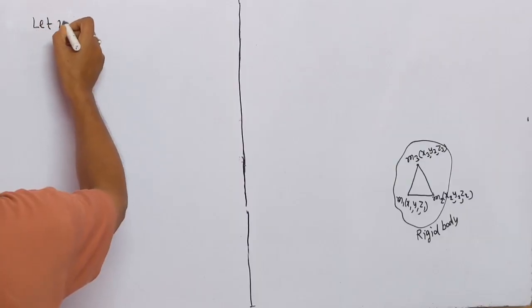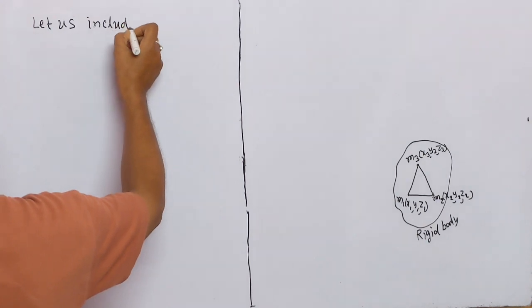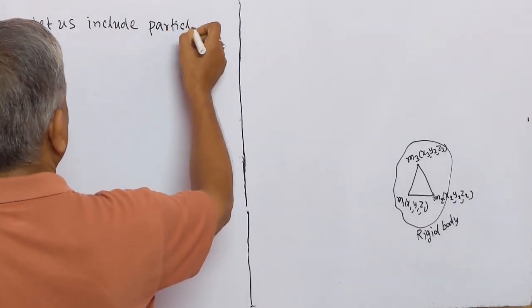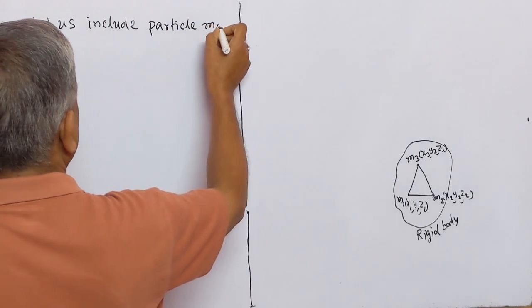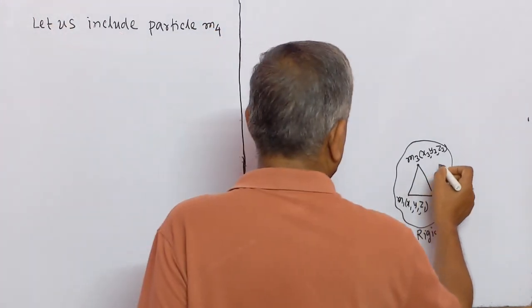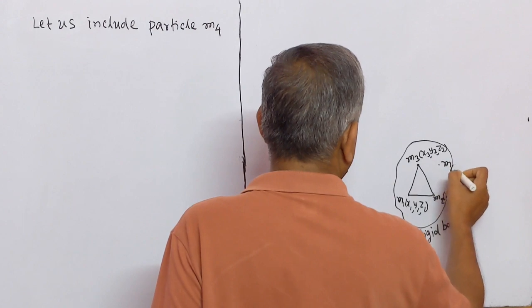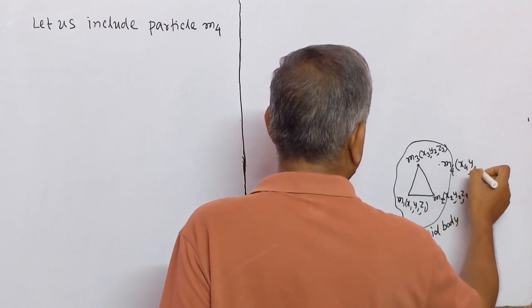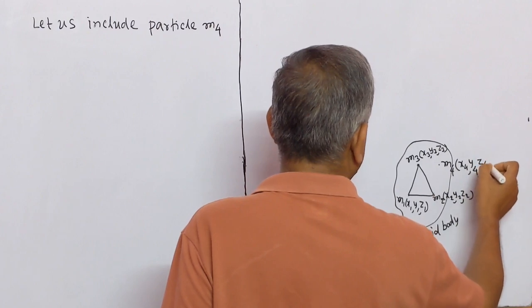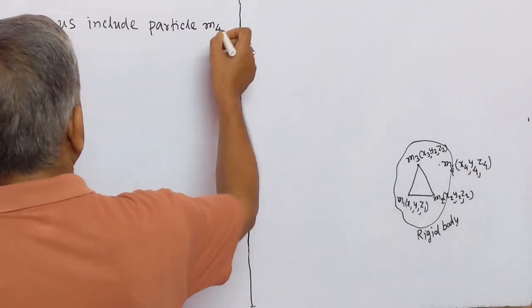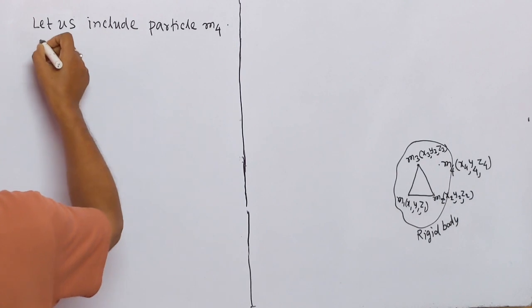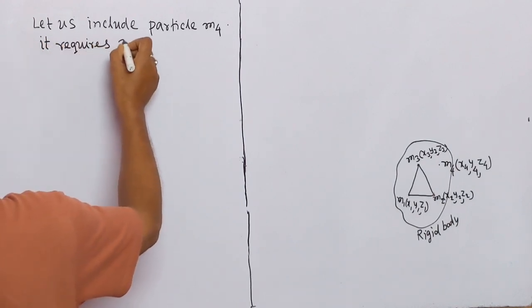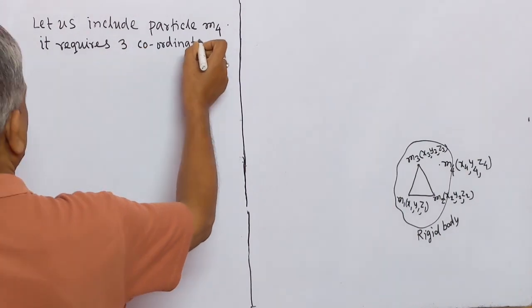Let us include particle M4. Here the coordinates of M4 are x4, y4, z4. It requires three coordinates.